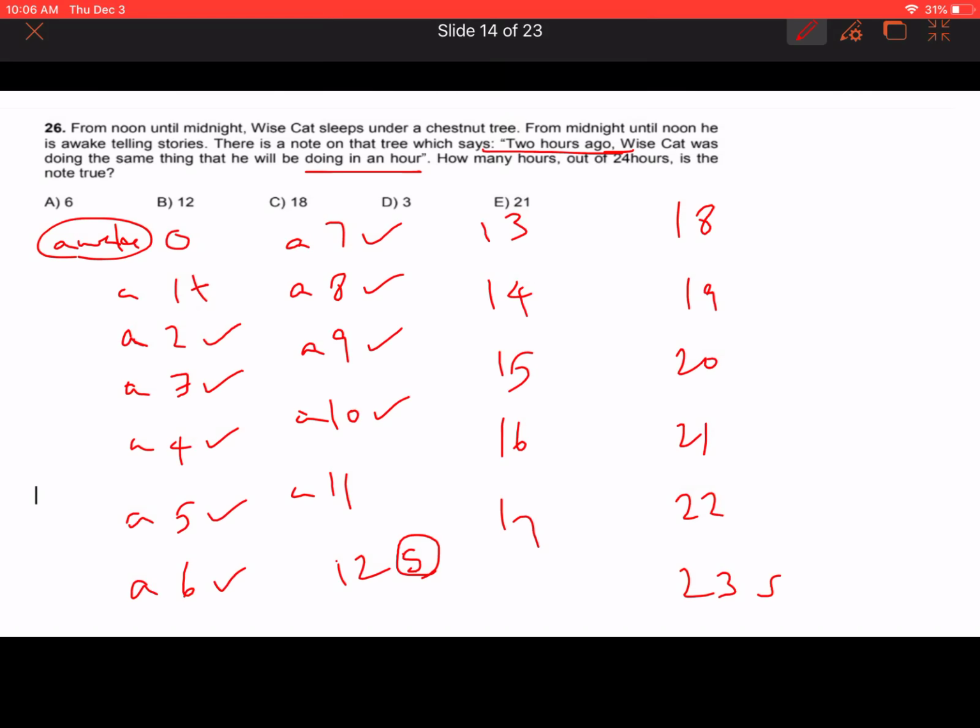And 11 o'clock, 9 o'clock he is awake, but 12 o'clock he is asleep, right? So this condition is not going to be true.